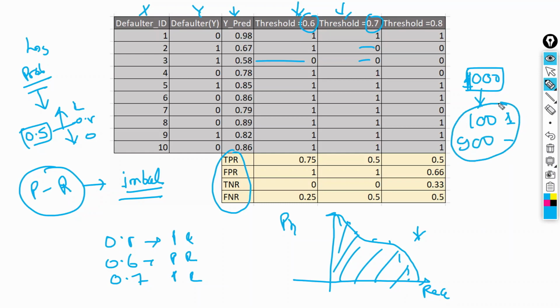So there is an imbalance in the data set. This type of data set we can check with the help of the precision and recall curve. You will get this type of data set mostly in finance-based domains, like insurance, defaulters, non-defaulters. So that's it from my side for today. I hope you like this video.